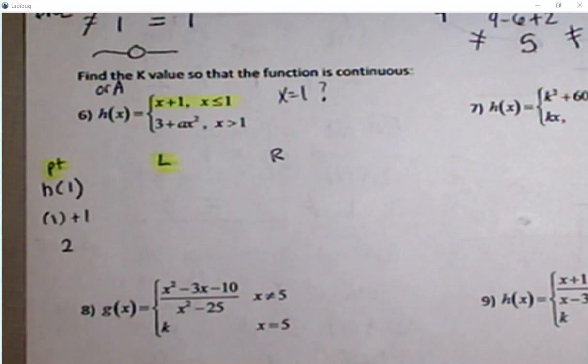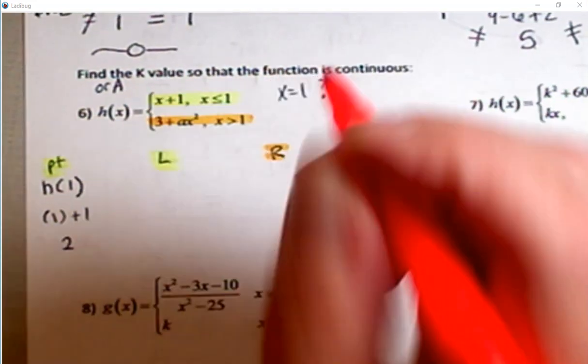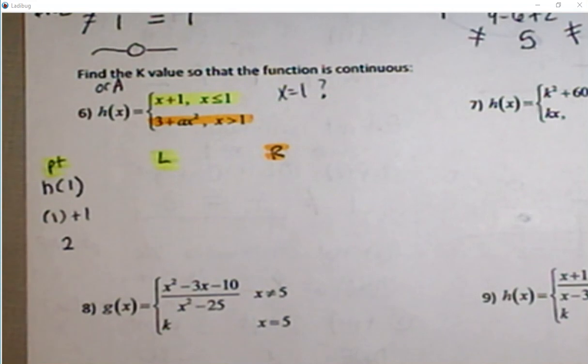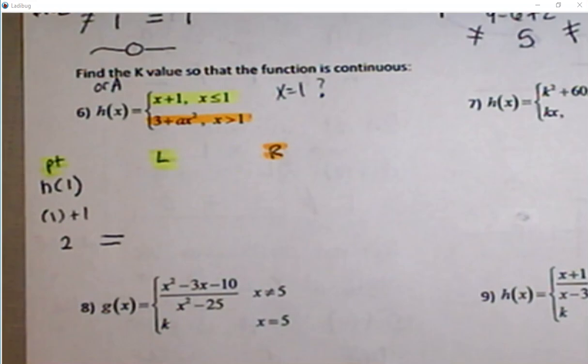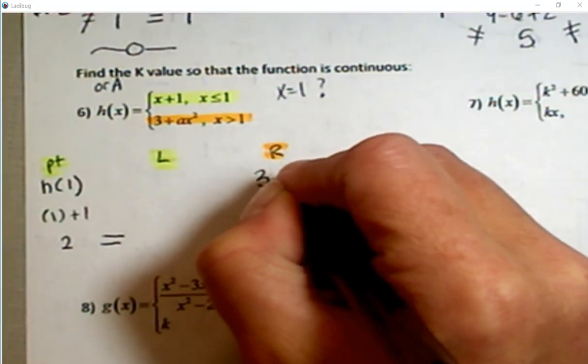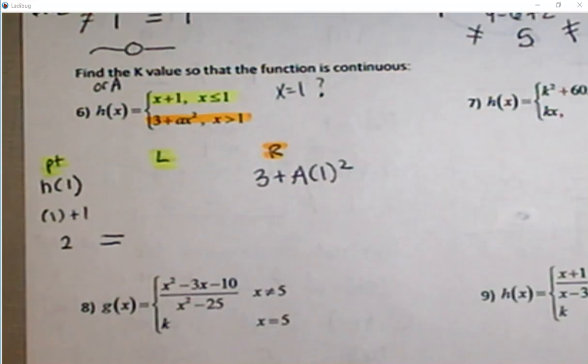So now I'm going to move on and I'm going to try the right side. The right side comes from this part. Okay. And it's got to equal 3 plus A. And I'm changing it to a capital so I don't confuse it for a number.